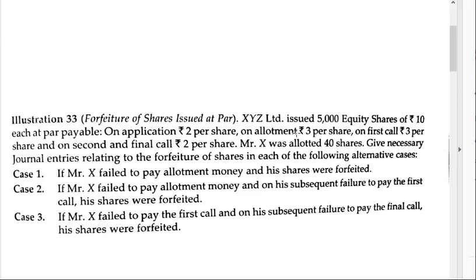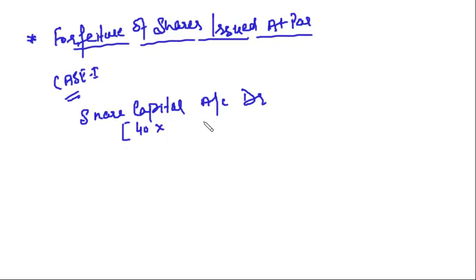No, because his shares are forfeited at the time of allotment only. So the company has not made the first call and the second call. So what is the amount called up? 2 on application and 3 on allotment. Right? So total 5 is called up. So 200 rupees.